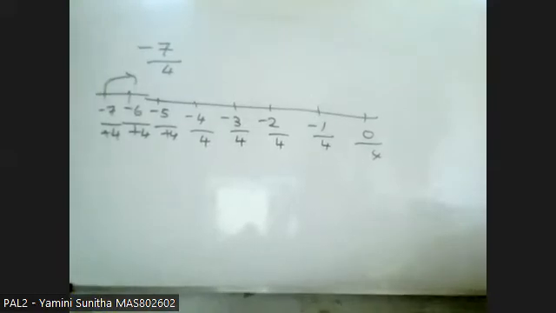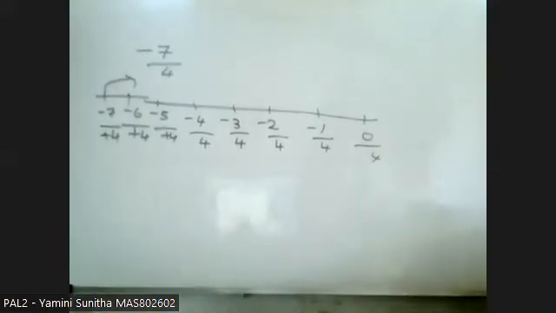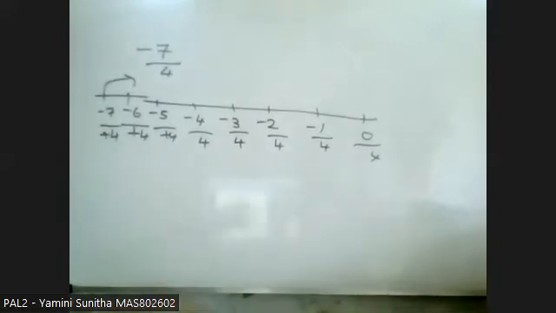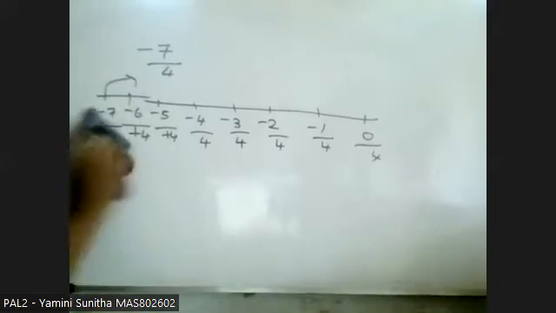This is the way to represent a rational number on a number line. If the rational number is positive, first write the numbers from 0 to some value, divide by the denominator of the rational number, and mark it.